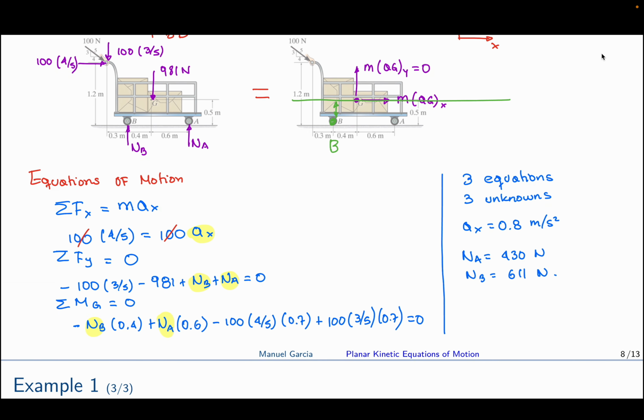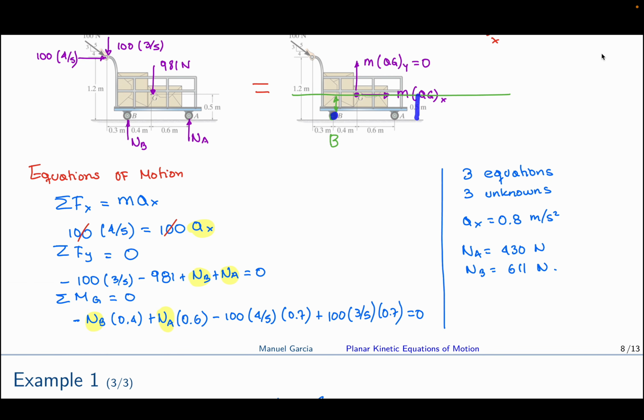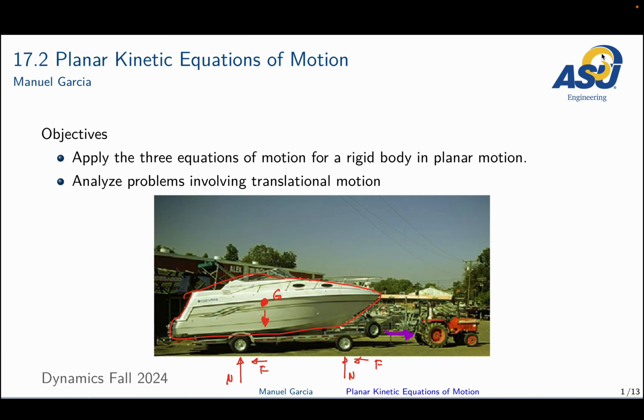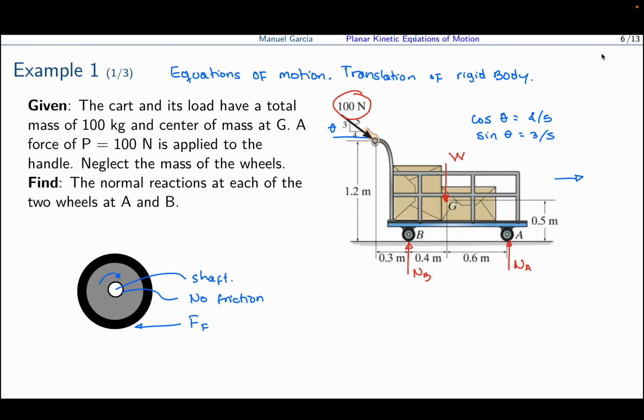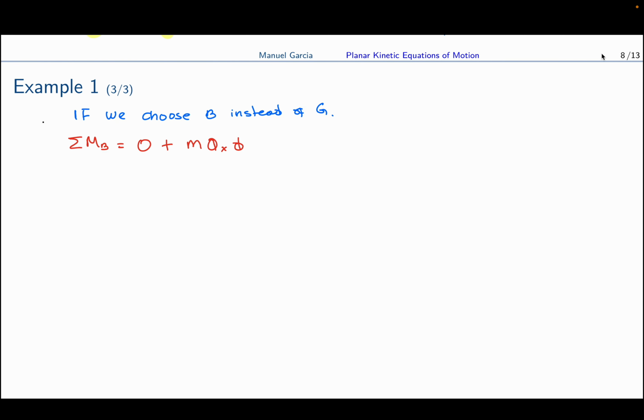So the distance will be 0.5, assuming that the size of the wheel is minimum, so that will be 0.5. Okay, so we have that the right hand side is mass, acceleration in x, multiplied by 0.5. So let me write again the equation.